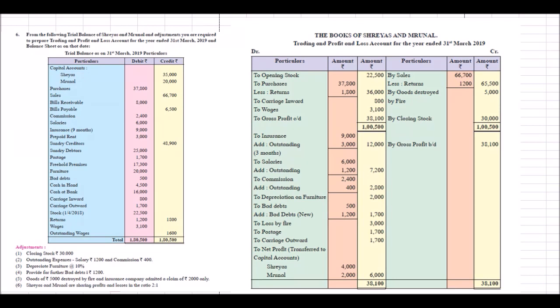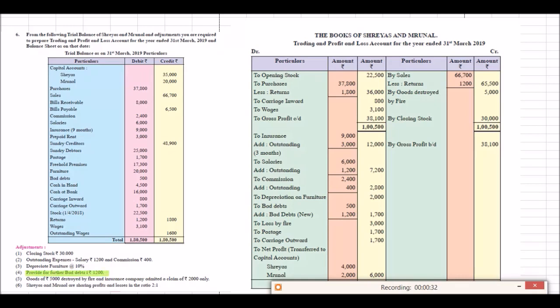is rupees 400. Then depreciate furniture at 10%, and bad debts: provide for further bad debts of rupees 1,200.